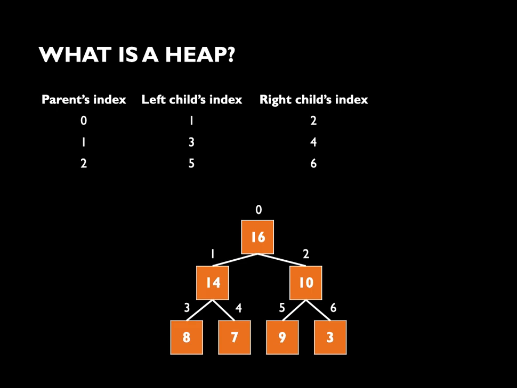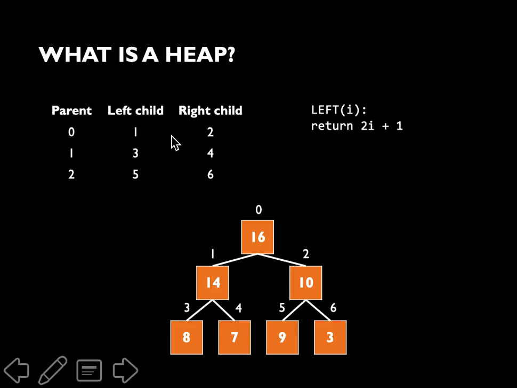And so we can see that here, the left child of 0 is 1, right? So left child of 0 is 1, and the left child of 1 is 3, and the left child of 2 is 5. So I wrote here the general formula for the left child's index given its parent index is 2i plus 1, right?